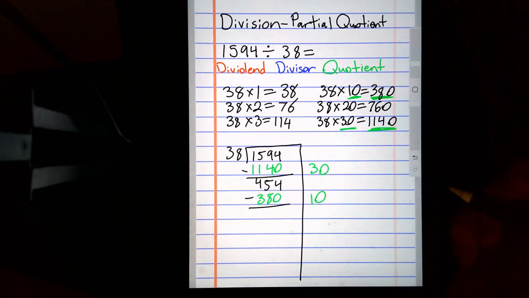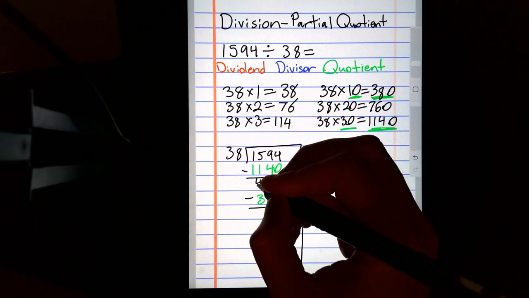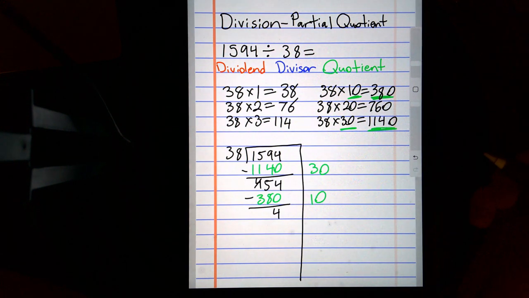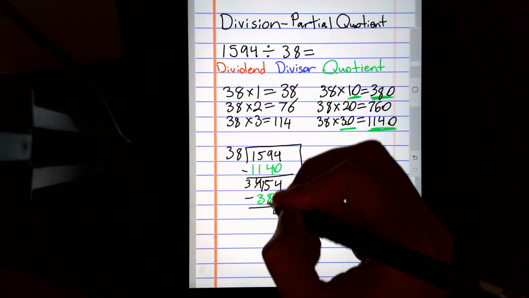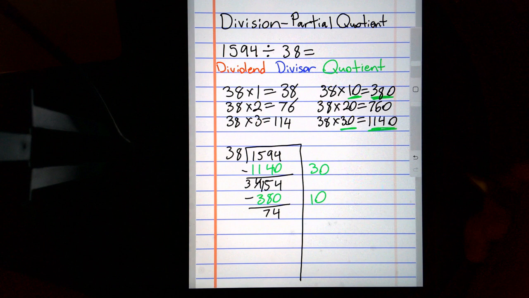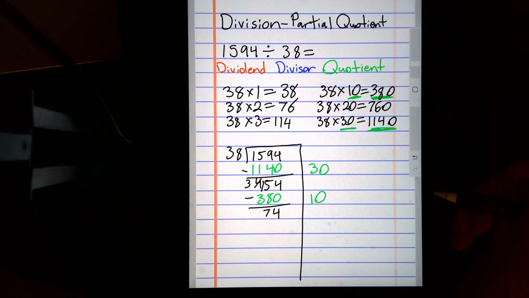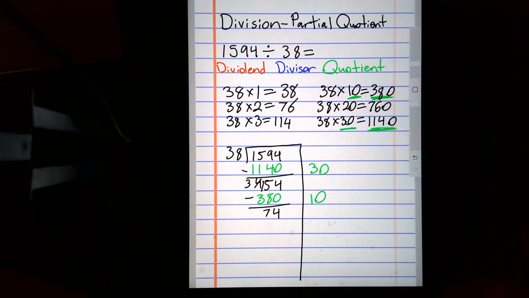Subtracting down, we would get 4. We would take away from our neighbor, get 15, subtract 8, which is 7, and then 3 subtract 3 is 0, ending with 74, just like our last problem.